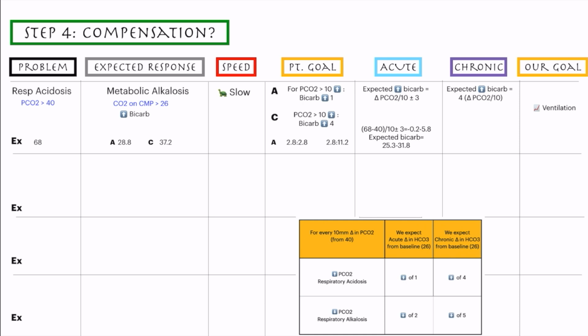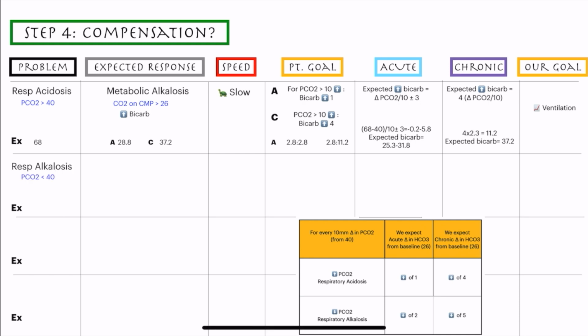And that would give you an expected bicarb between 25 and 31, essentially, which is what we're seeing. 28 is right in the middle of 25 and 31. For the chronic side, it would be 4 times 2.8. That's your change in the PCO2 divided by 10, and that's going to give you 11.2. And that would give you an expected bicarb of 37.2, which is exactly what we get.